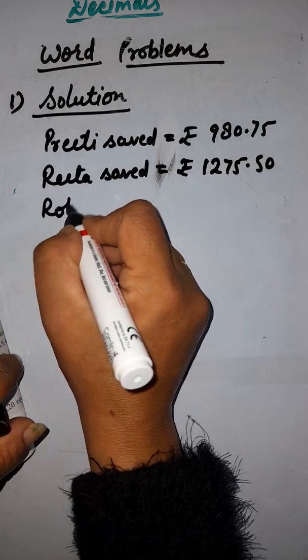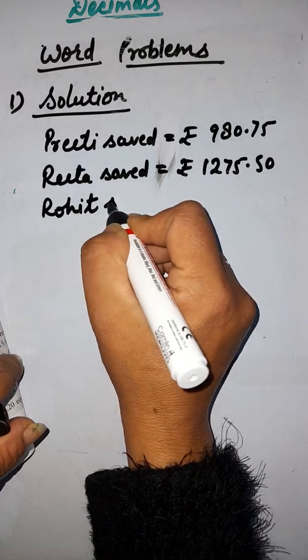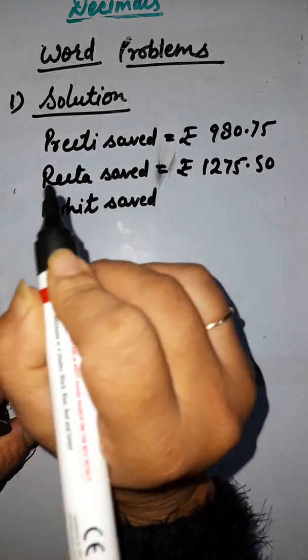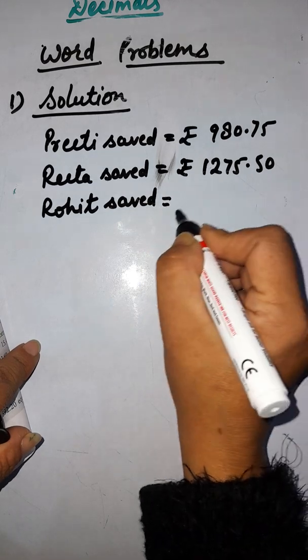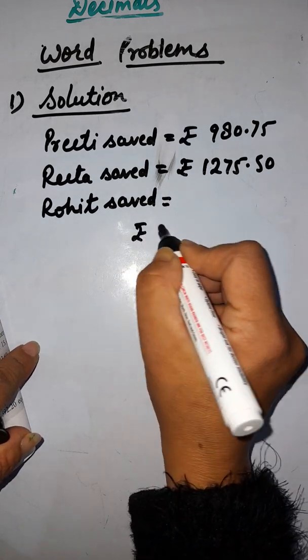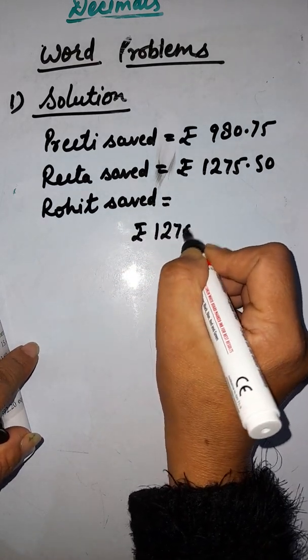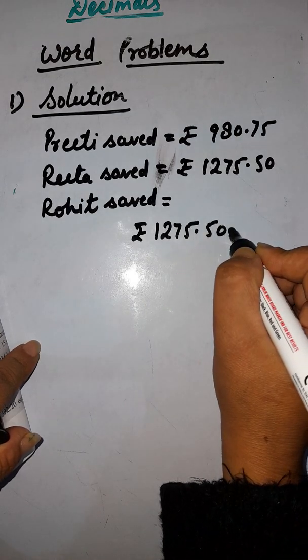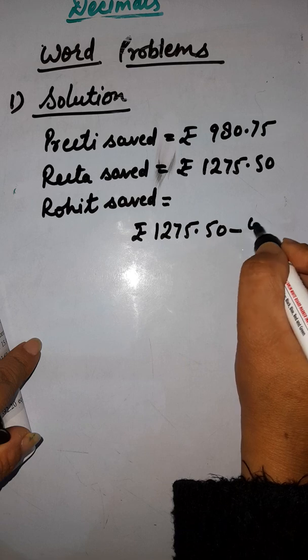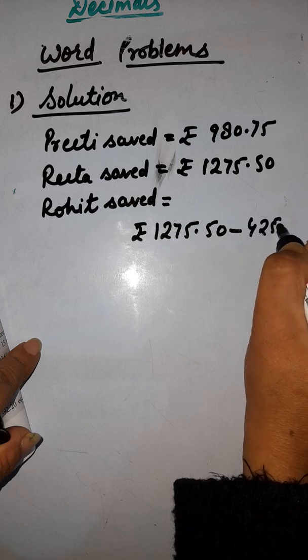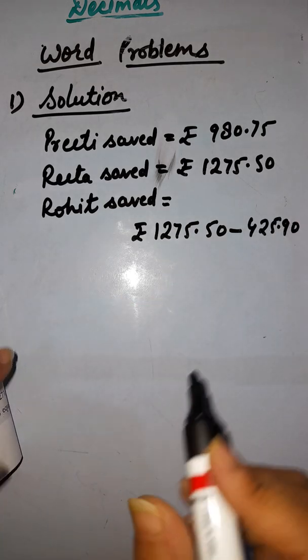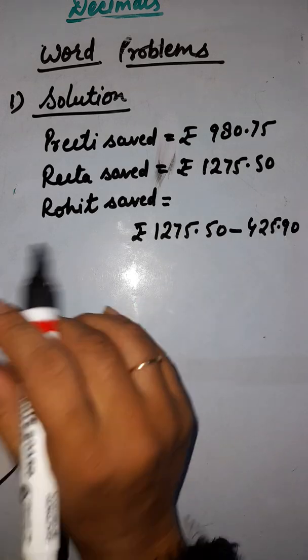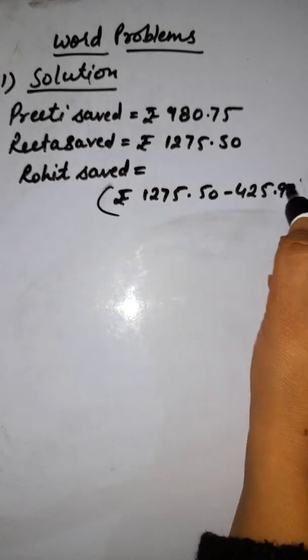Rohit saved rupees 1275.50 minus 425.90, because Rohit saved less than Rita.